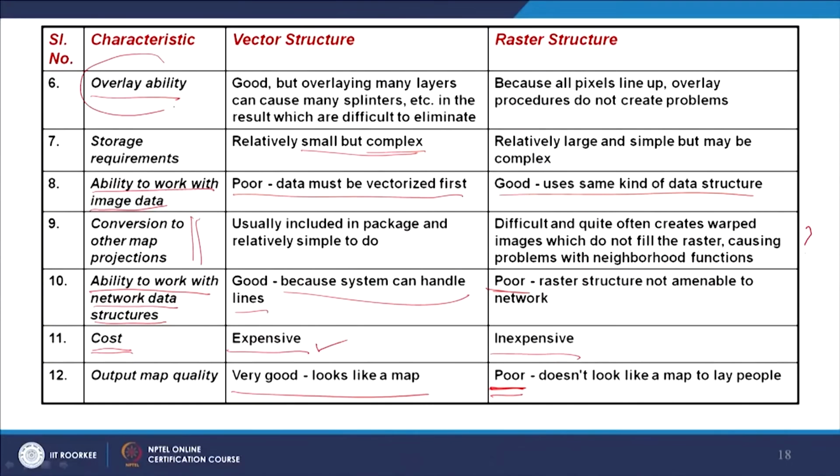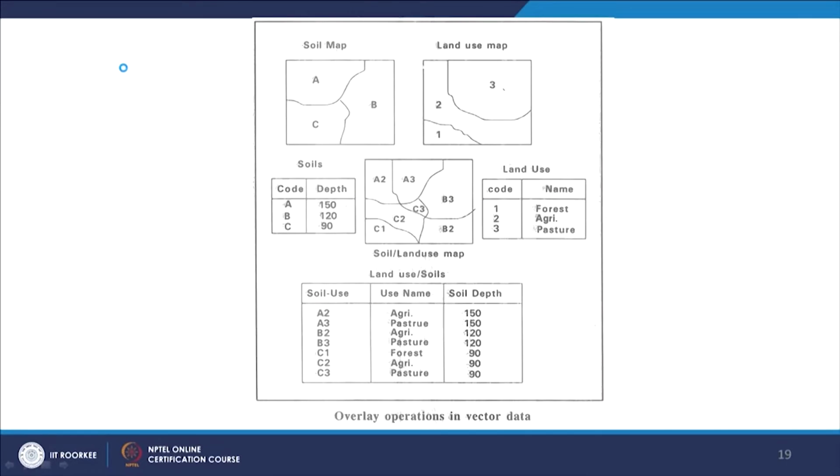Now, I mentioned this overlayability. So, we will spend a few more minutes on this part, and a very simple example is taken here. I have one map which is a soil map, another one is a land use map, and both these maps have only 3 polygons each.